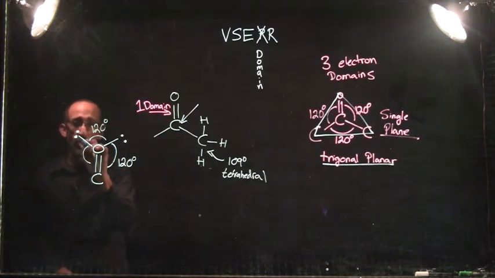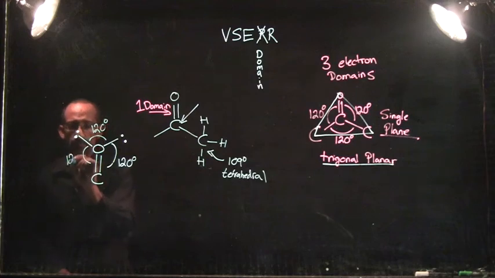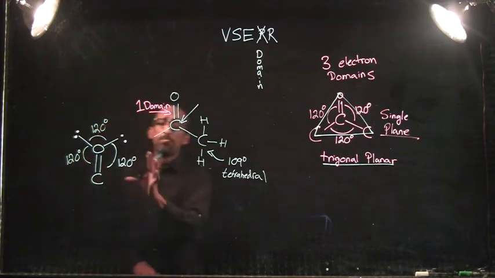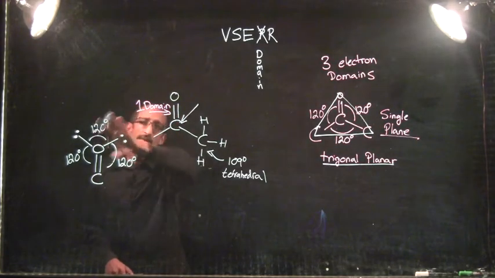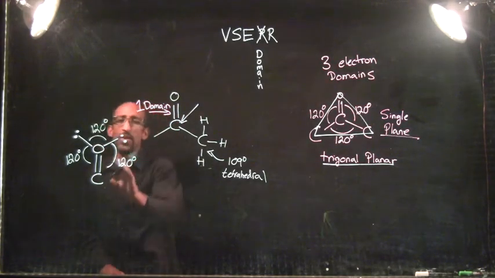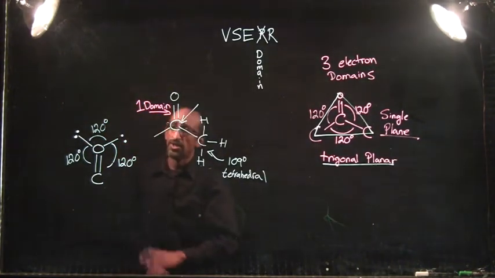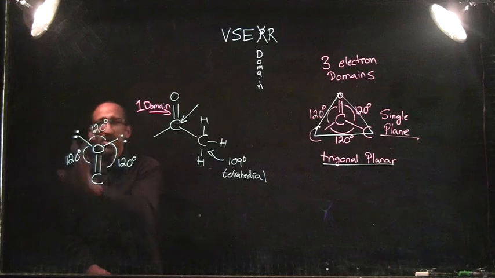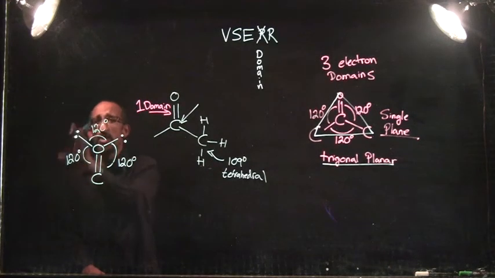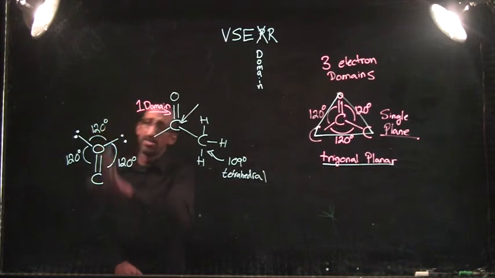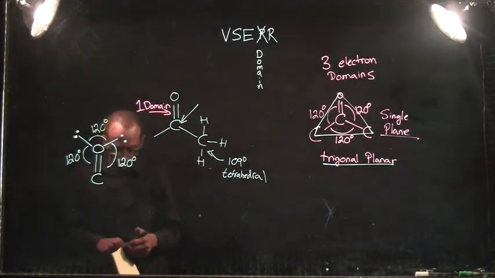And that's going to be true also for the angle between the two lone pairs. I'm pointing this out to reinforce that no matter what those electron domains are, whether they're a multiple bond or a lone pair of electrons, if there are 3 electron domains, you're always going to have these 120 degree angles between the domains, and all of those domains can lie in a single plane.